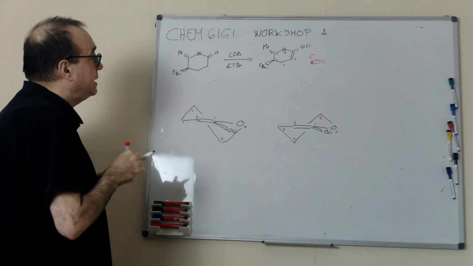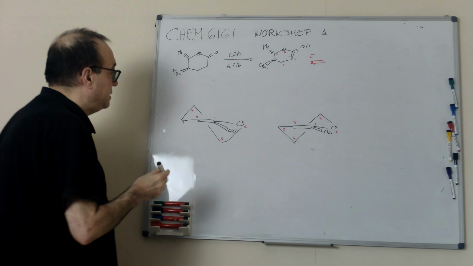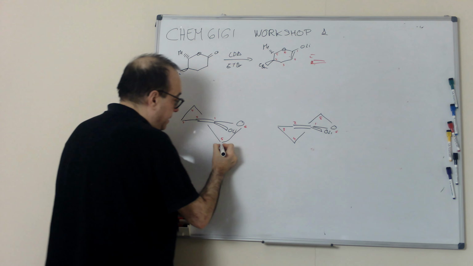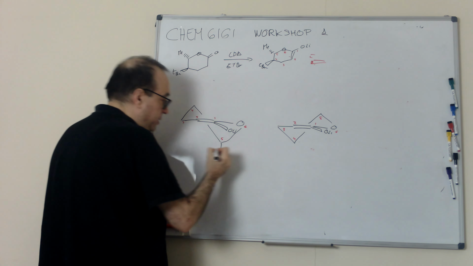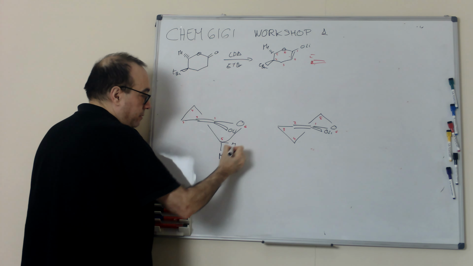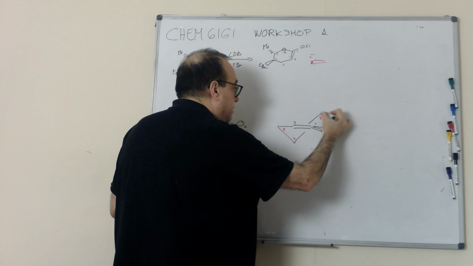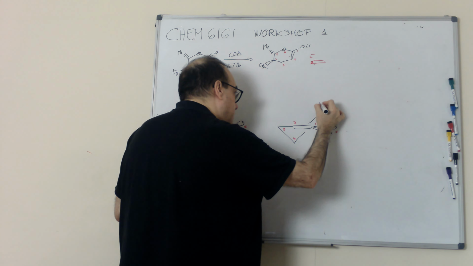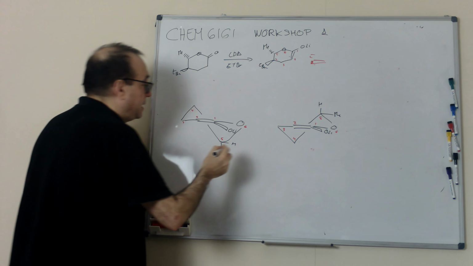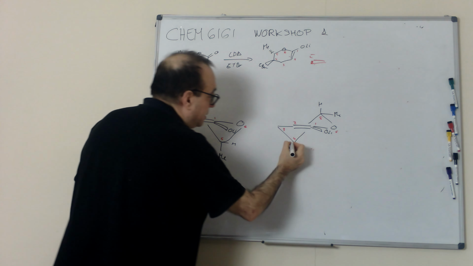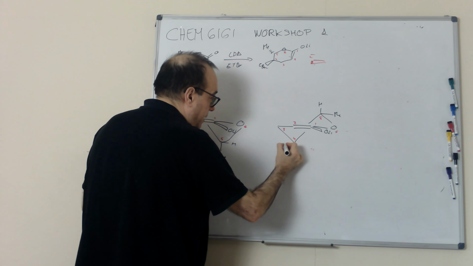In carbon number 5, I have a methyl that is going down. That means in this case the methyl will be in this direction, and here will be the hydrogen. And the tert-butyl is in carbon number 4, that means it's going up.